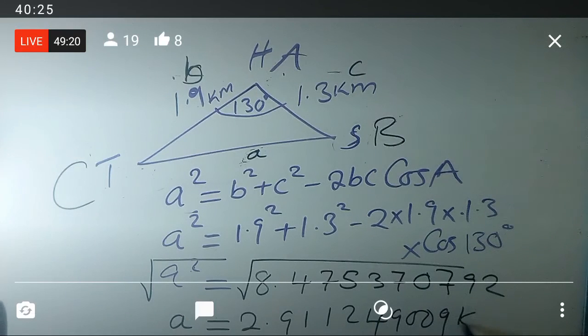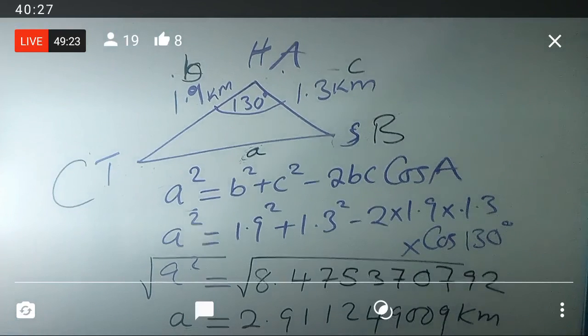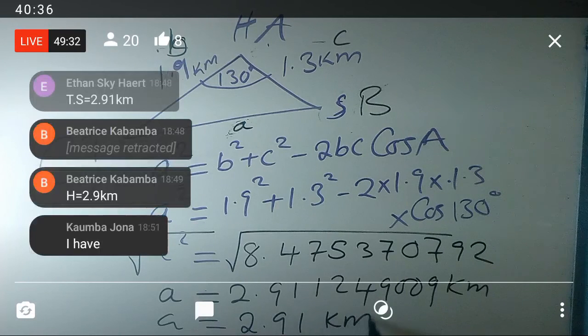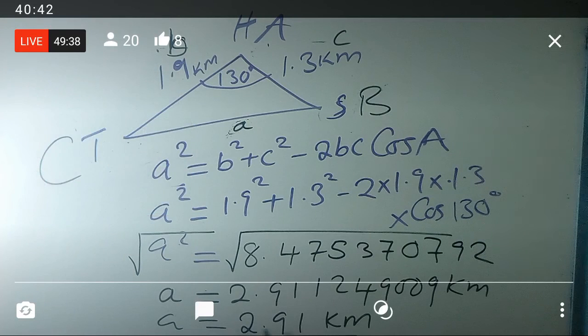If you want, you can leave it this way, or you can round it off. They say you leave your answer in 3 significant figures, so it's supposed to be 2.91, not 2.9. 2.91. That's the answer.